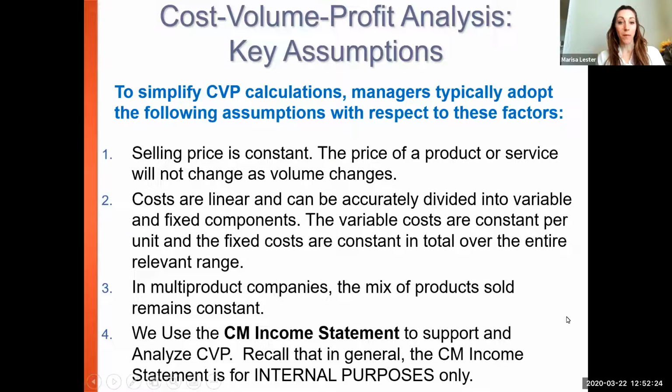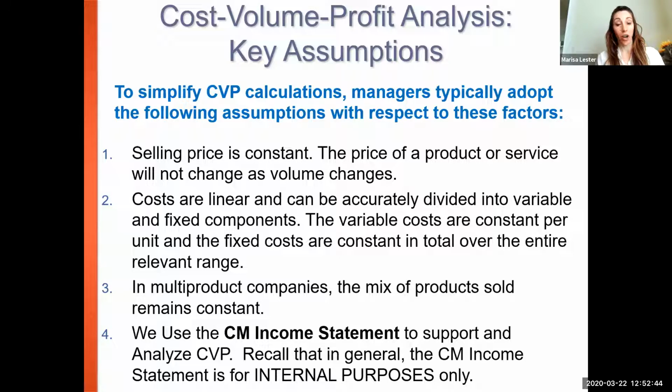Some assumptions that we have to make when we're using CVP is that our selling price of our products, whether we are selling a single product or a multi-product company, our sales price is constant. We are assuming that costs are linear, meaning that they are following the same pattern.